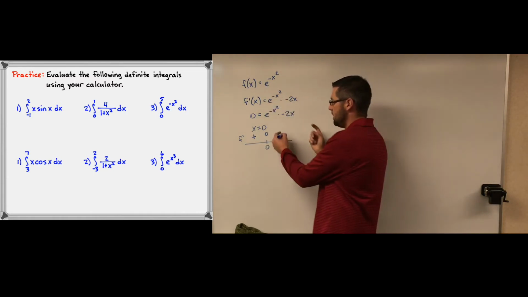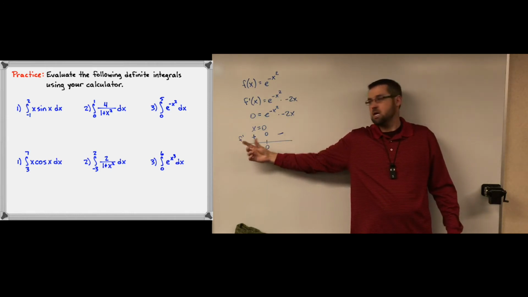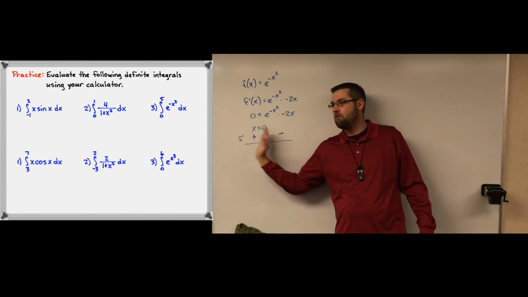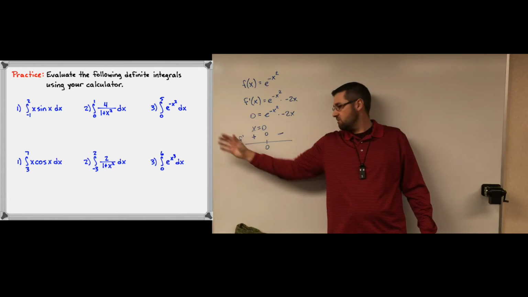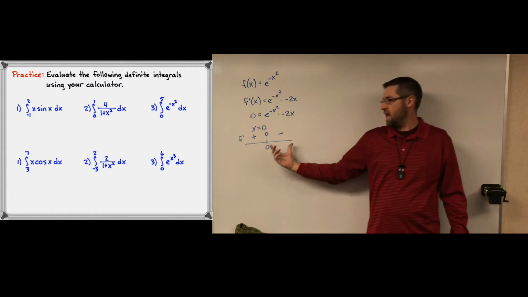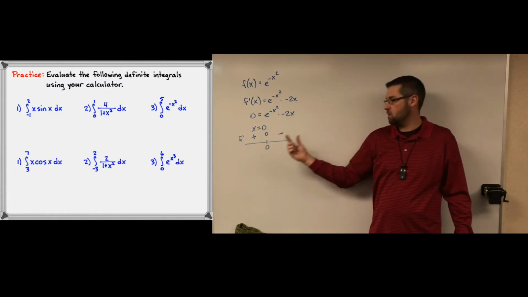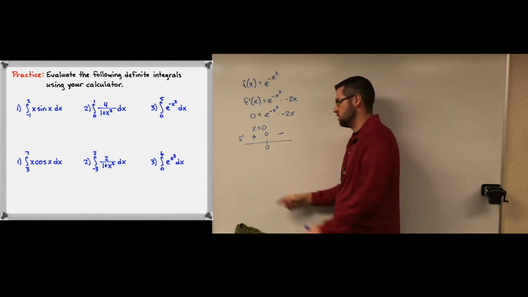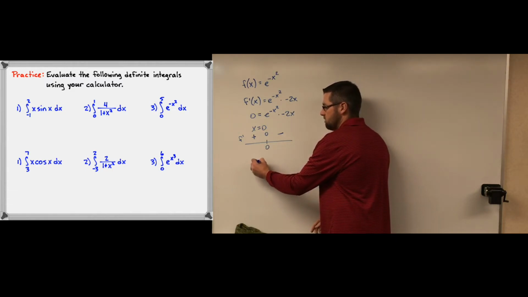Positive and negative. So since f prime is positive for all values from negative infinity to 0, and negative for all values from 0 to infinity, what can we say about when x equals 0? No, it's not relative.